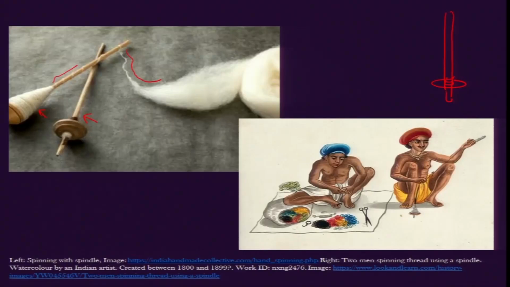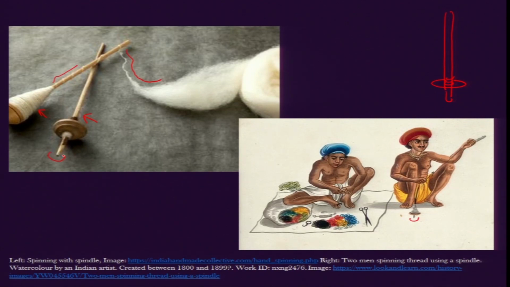Now here on the right side of this image, there is an image from around the 19th century, where we see two men sitting, and one person is clearly using a spindle, which we see here.